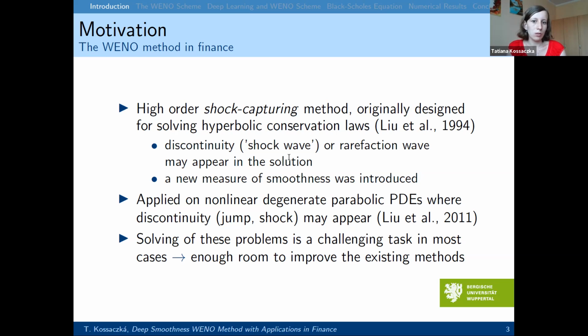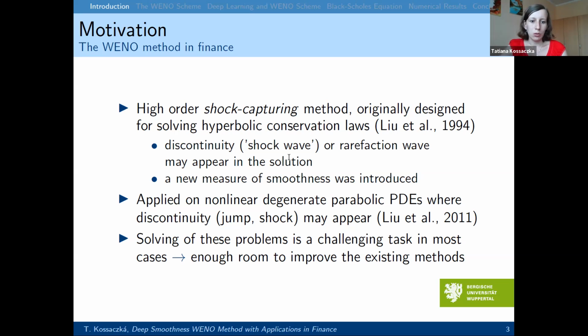So that was the reason why this method was also generalized for this type of parabolic differential equation. And as I said, solving these problems is a challenging task in most cases, moreover with high order methods. So this gives us enough room to improve the existing methods.